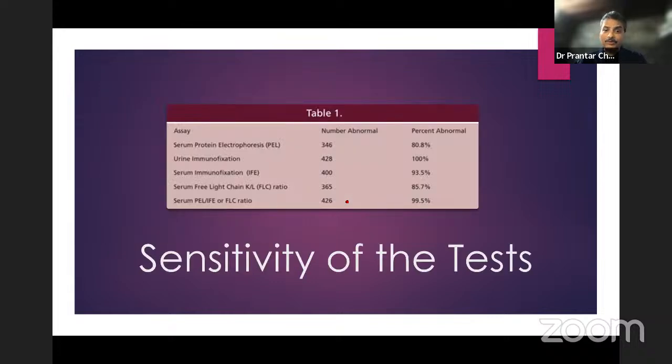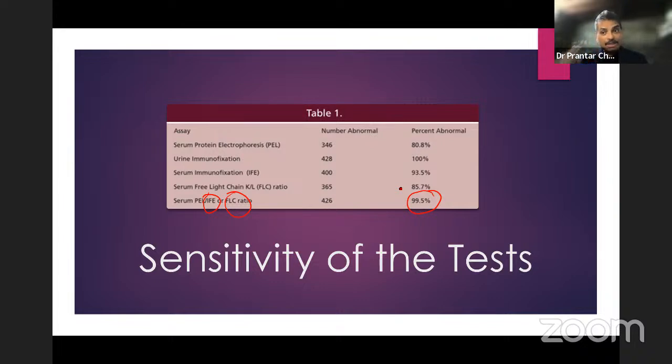There you might have to use proteomics like MALDI-TOF. So if you say that I have to rule out a monoclonal gammopathy, the best combination can be you do an immunofixation or protein electrophoresis with FLC. The sensitivity is close to 99.5%.